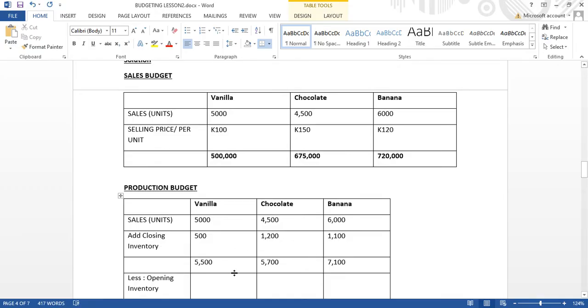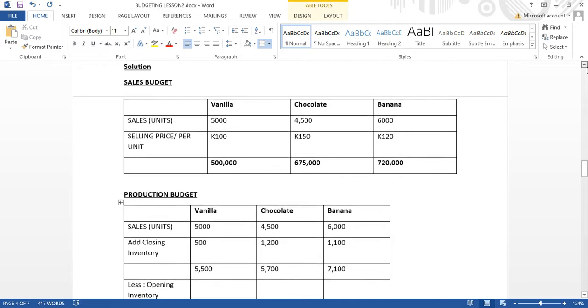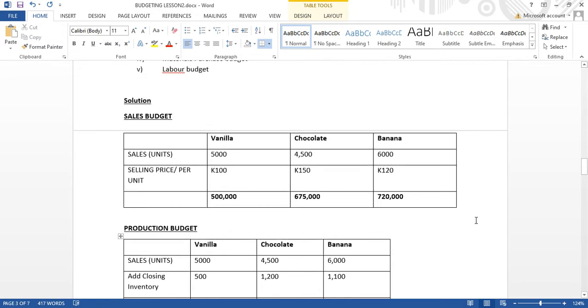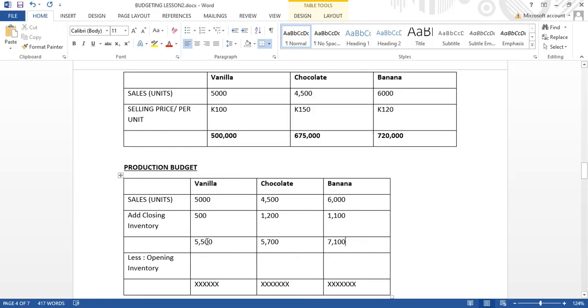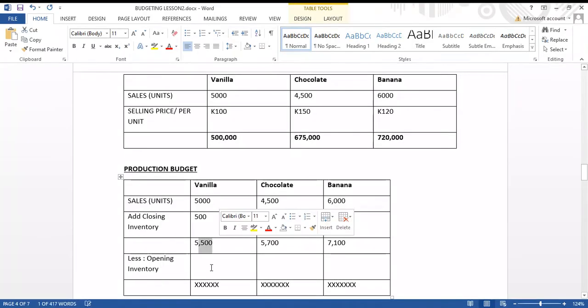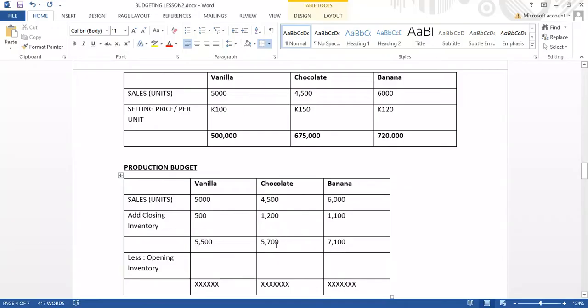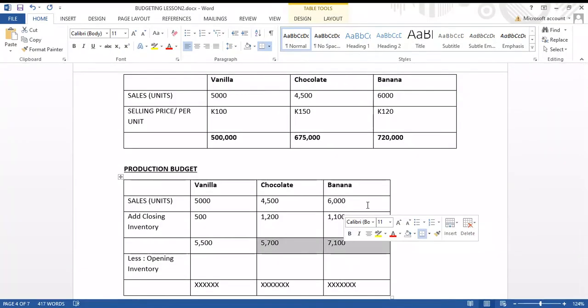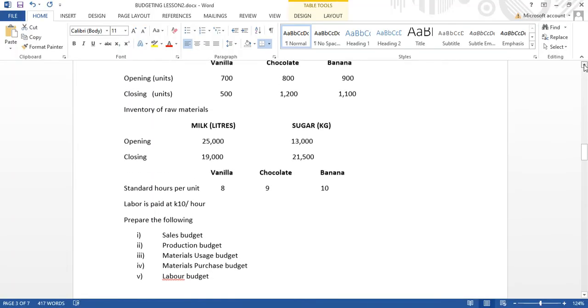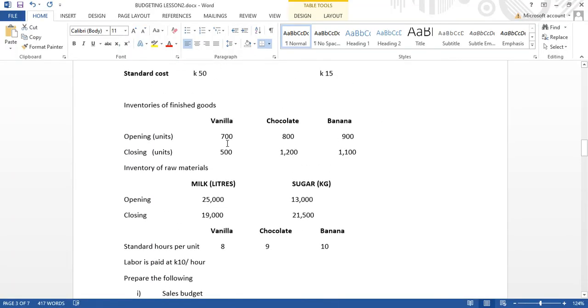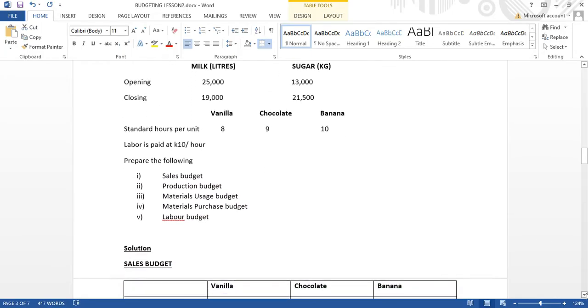Now we have to deduct our opening inventory, because we already have some inventory at the beginning of the month, so it wouldn't be practical to produce all these 5,500 units if you've got some opening inventory. Same applies to these two flavors. So opening inventory: vanilla 700 units, chocolate 800, banana 900 units.